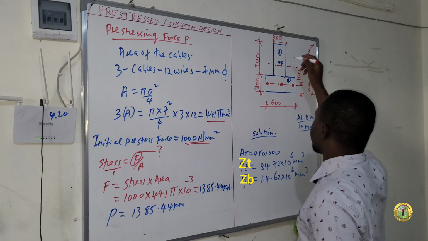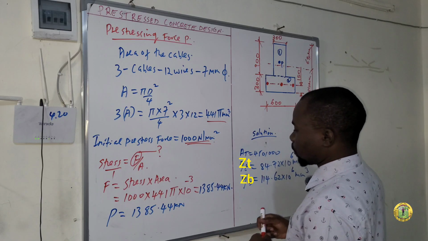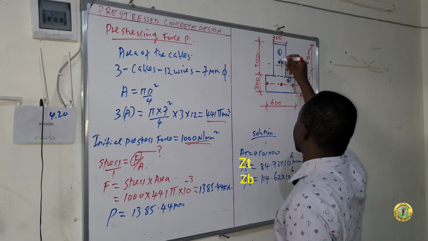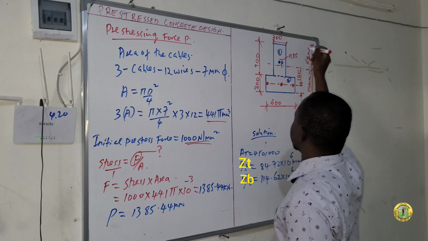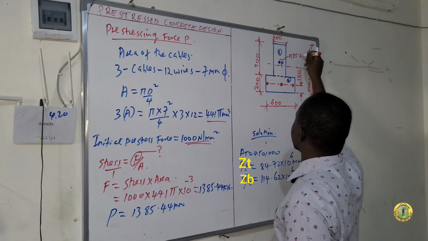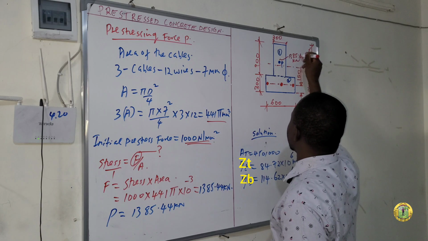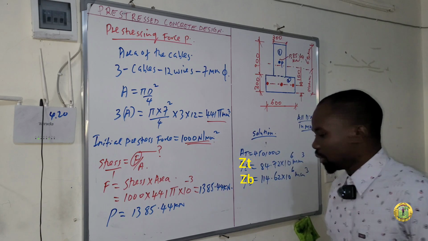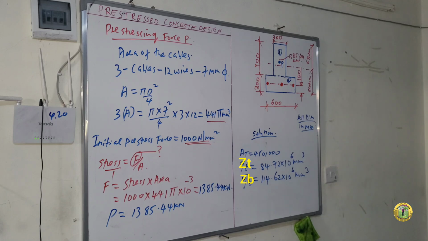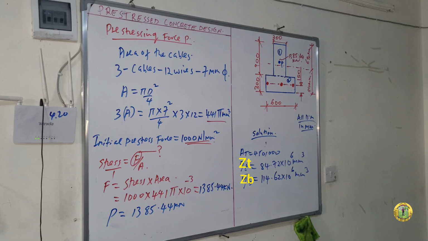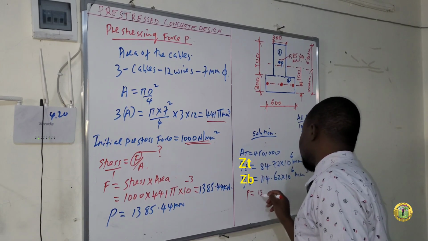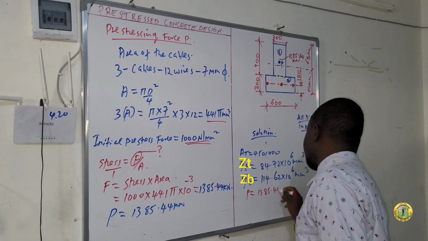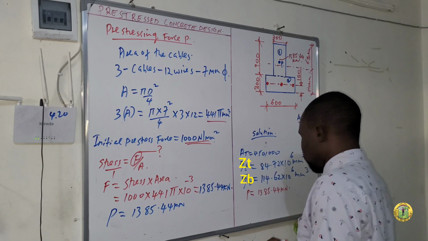Now you can come here and say P is 1385.44 kilonewton, like that. So we can as well come here and say P is equal to 1385.44 kilonewton.